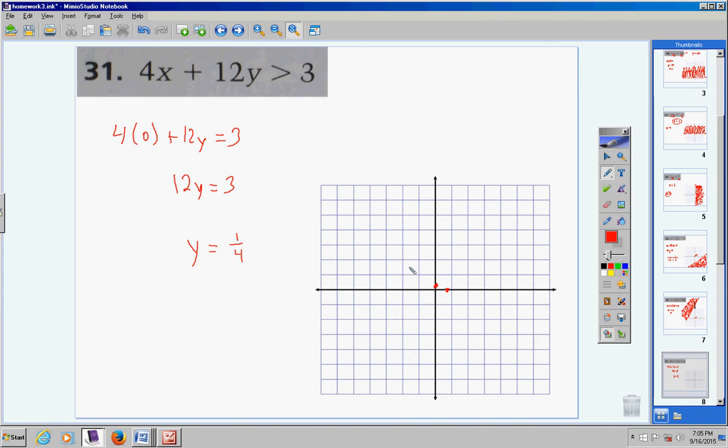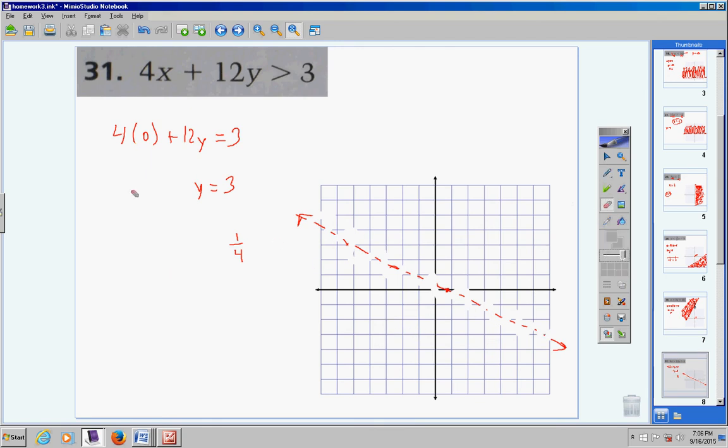Now, my line's going to be dotted, okay? With a Mimio pad, sometimes it's easier to just draw the line like this, and then quickly just go like this. I know it erases part of the graph too. It's not the best way to do it, but it'll work. So, there's my dotted line.